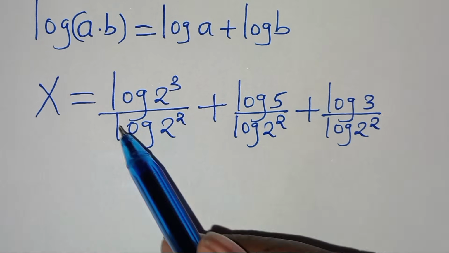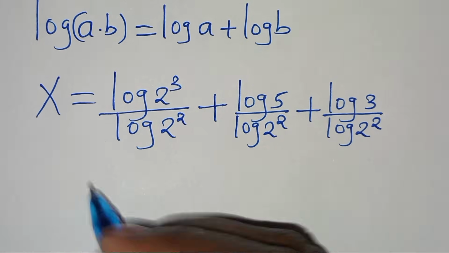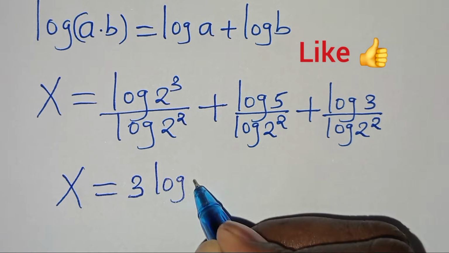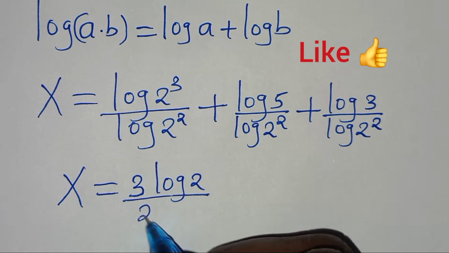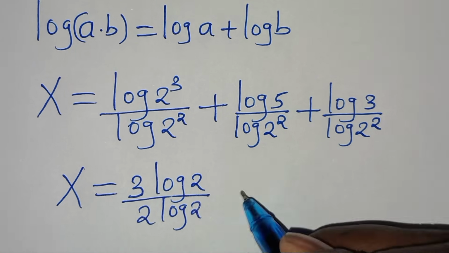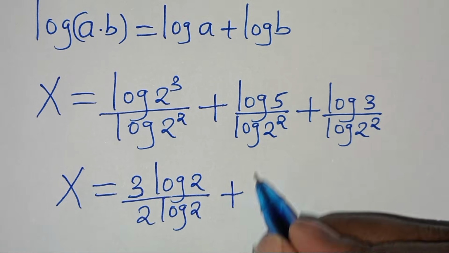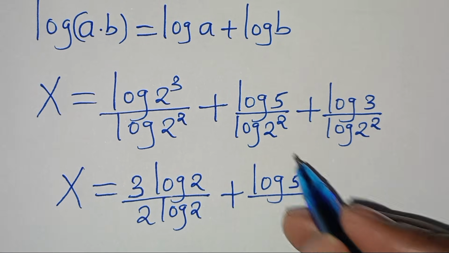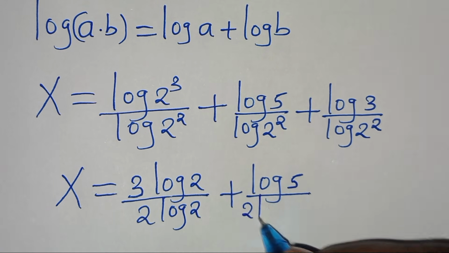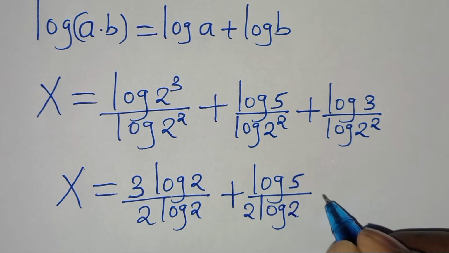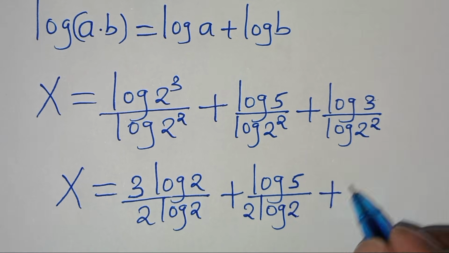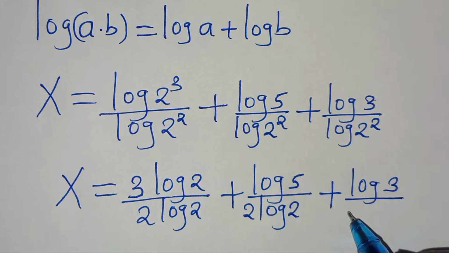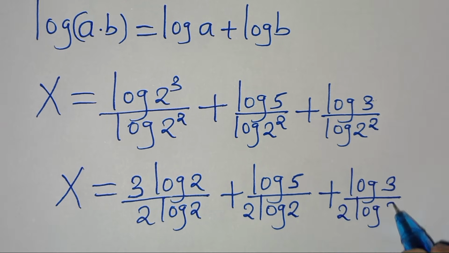The next step is that we can apply the power rule property here so that x is equal to 3 log 2 divided by 2 log 2, plus log 5 divided by 2 log 2, and plus log 3 divided by 2 log 2.